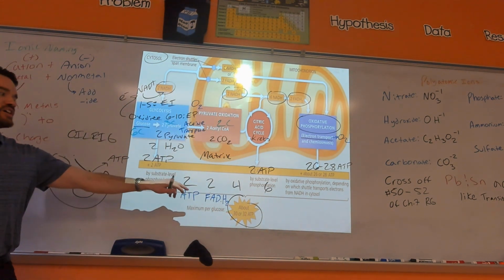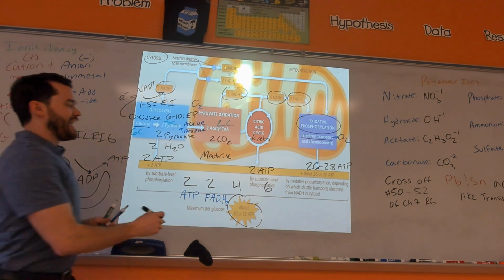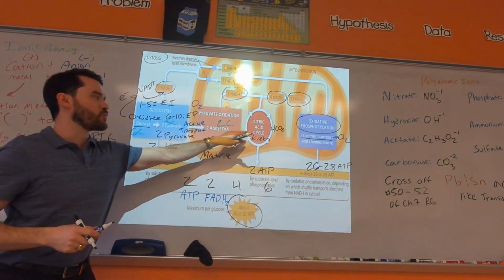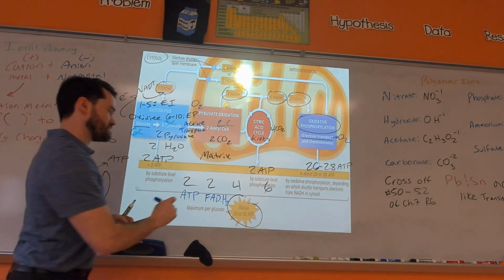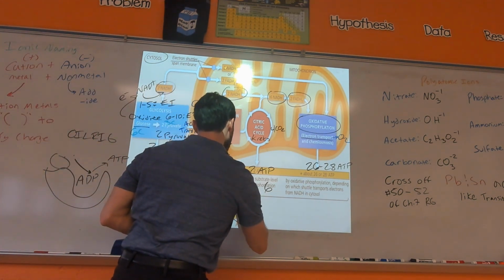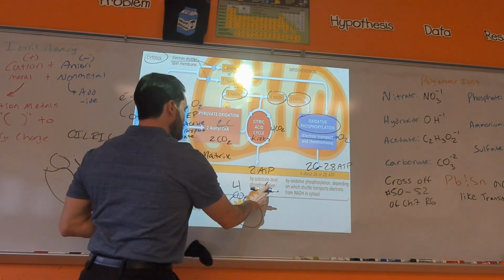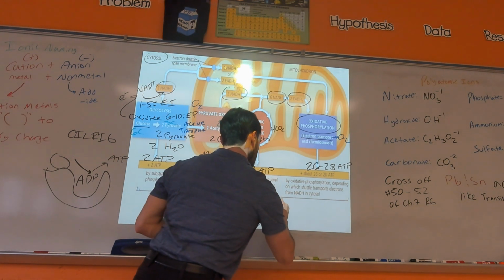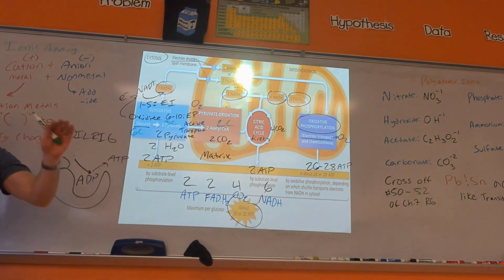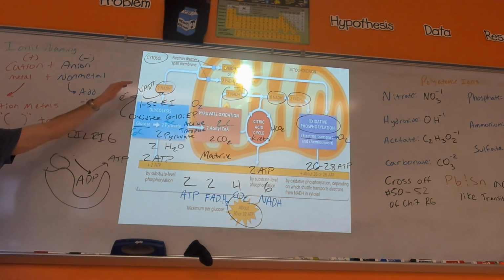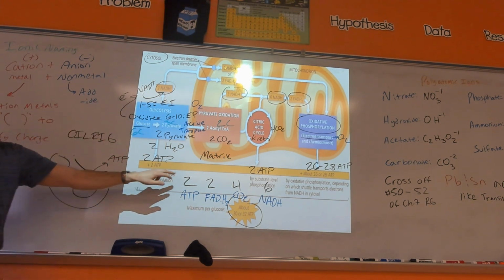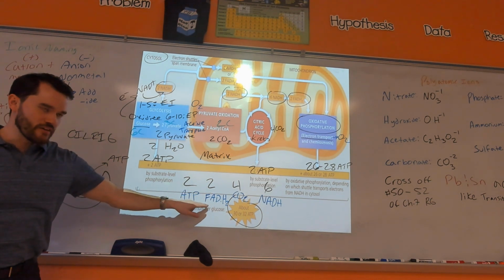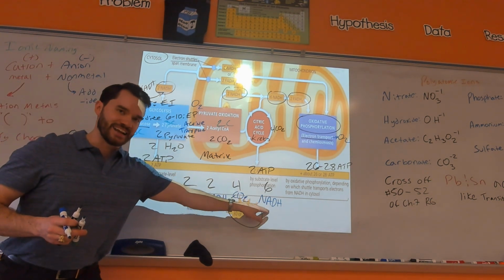So 2 ATP, 2 FADH2s, and 4 CO2s. The process of oxidizing this molecule, we're gonna release 4 more CO2s, and then you end up creating 6 NADHs. So 2, 2, 4, 6. The 2, 2, 2, 2, 2 for glycolysis, 2, 2, 4, 6 for citric acid cycle. 2 ATP, 2 FADH2, 4 CO2, 6 NADH.